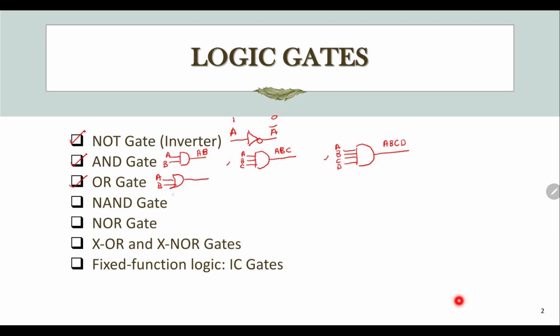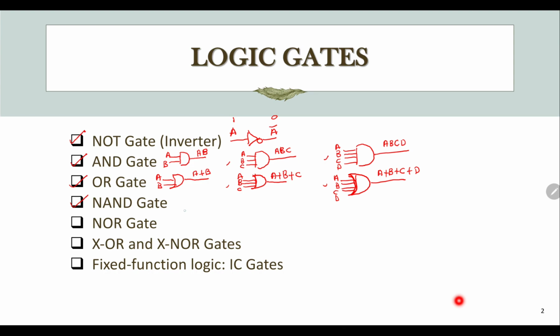This is an OR gate for 2 inputs. It performs the operation of plus, A plus B. If you have an OR gate for 3 inputs, A, B, and C, you will get A plus B plus C. The same goes for an OR gate with 4 inputs, A, B, C, D. Then you will get A plus B plus C plus D.